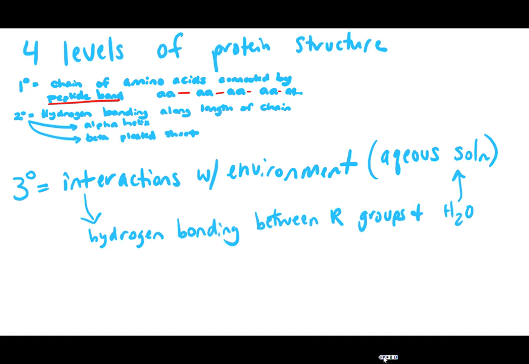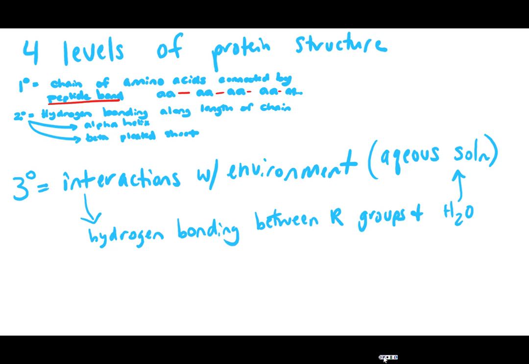And so what this means is, depending on the environmental conditions, you can get different types of folding at the tertiary level. So when we talk about the cell controlling the environment of the cell, in part it's being controlled so that the protein folds at the tertiary level correctly.